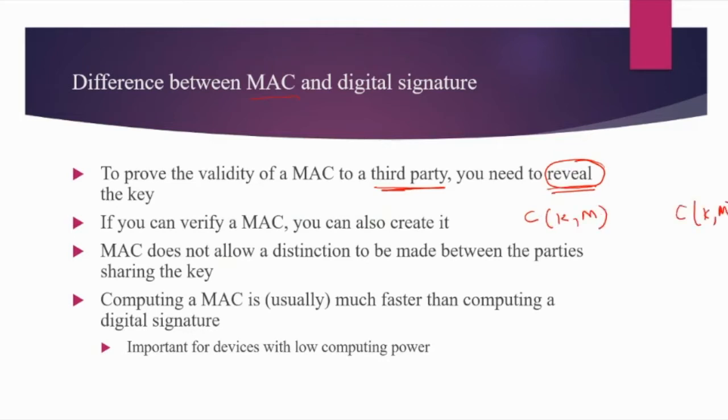If you have to verify the MAC, you need the same key and the same message. So if you want a third party to validate something, you have to reveal the key to them along with the message, which is not desirable.